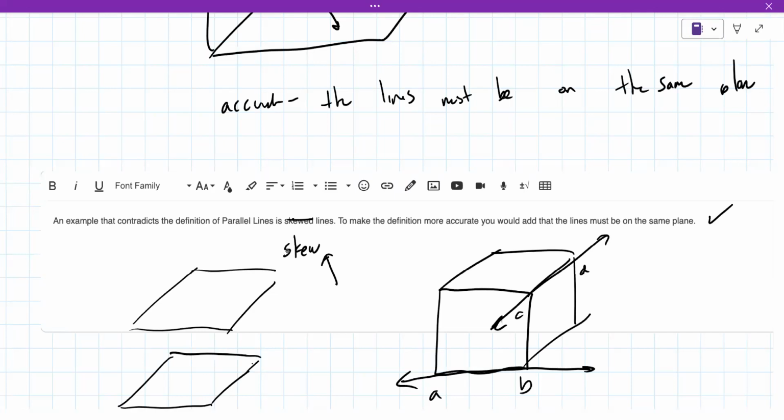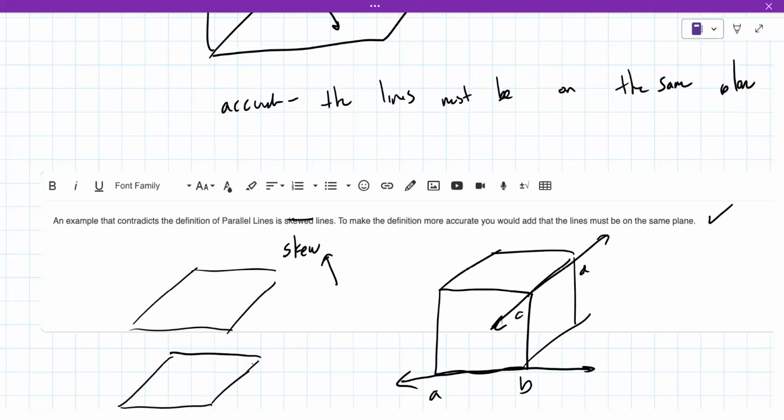All right, now I can insert it. There we go.